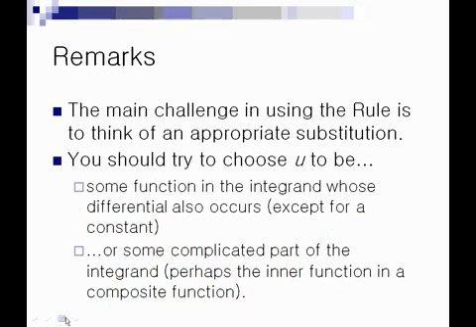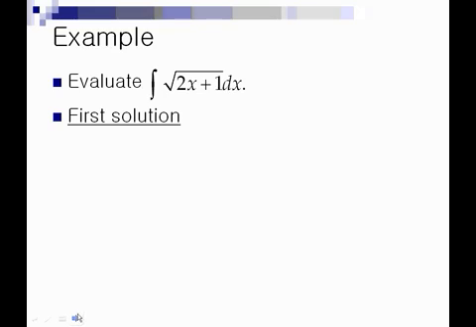Alright, so of course the main challenge is always to come up with an appropriate substitution that's worth your while. Okay? So let's take a look at this one. We could have, in this case, u equal 2x plus 1.